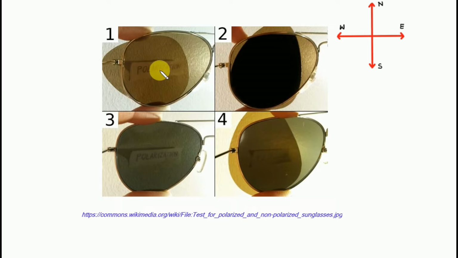Like in the first configuration, the bottom sunglass is oriented along the east-west direction, and it can be seen that the word polarization at the back is fairly visible through these two sunglasses. However, if you rotate one of the sunglasses towards the north-south direction, that is by an angle of 90 degrees, the word polarization is invisible.